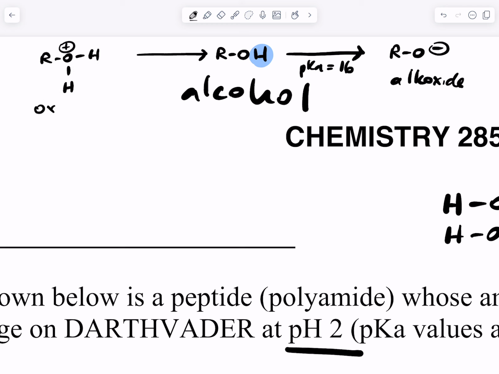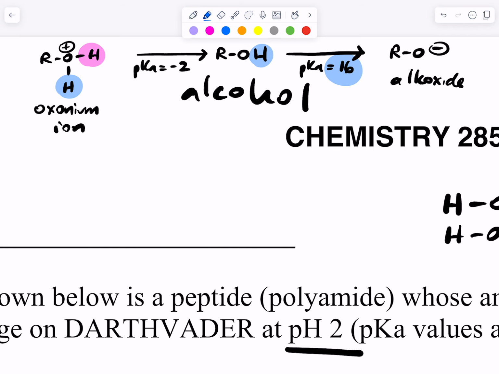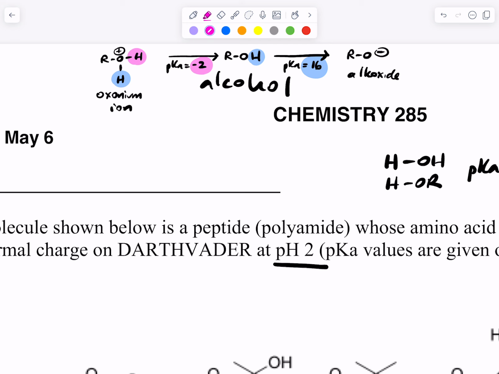This one is called an oxonium ion. And the oxonium ion has two protons, the blue one and the pink one. pKa 16 refers to losing the blue proton to go to the negatively charged alkoxide. pKa of -2 refers to losing the pink proton to go to the neutral alcohol.